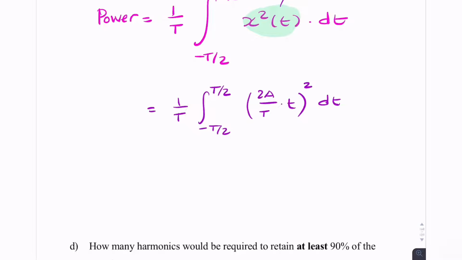So that gives me 1 over T times 4a squared over T squared, t cubed over 3 from minus T over 2 to T over 2.